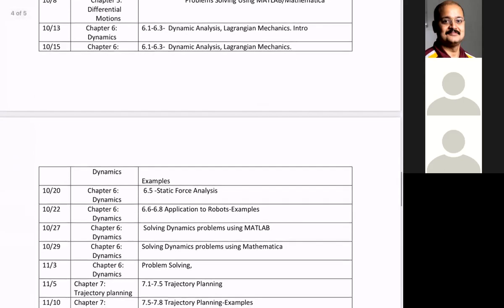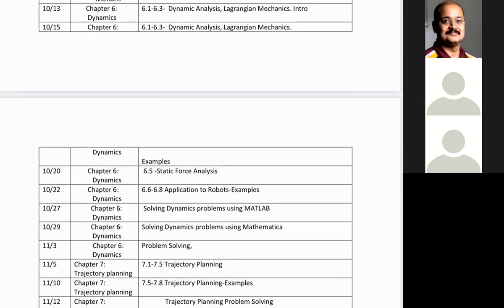Then later we are going to do static force analysis. Then we are going to spend almost 3 lessons, 10/22 to 11/3, so basically 4 lessons, on solving dynamics problems.